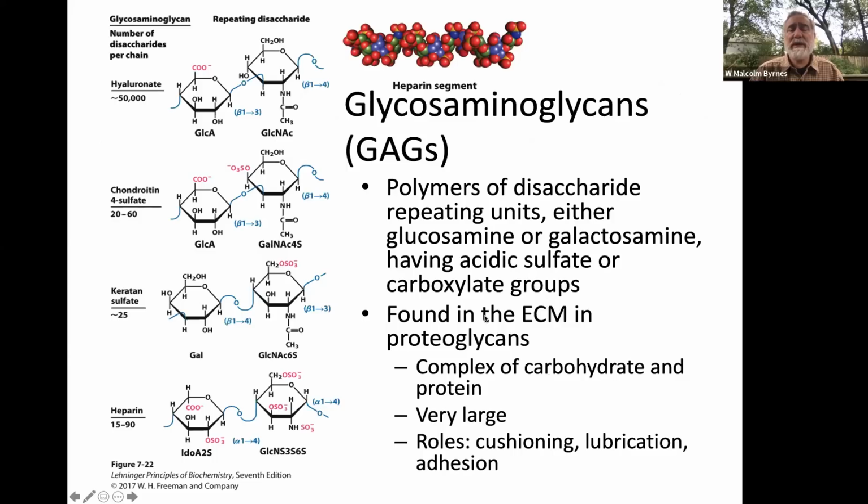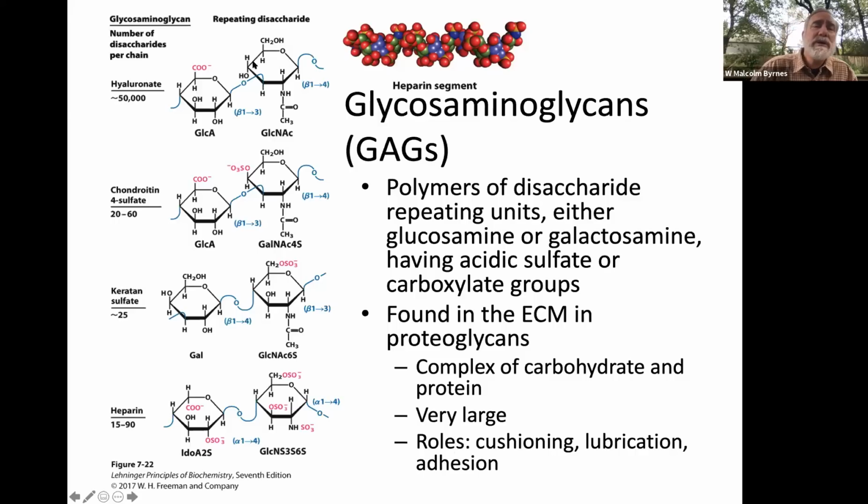Glycosaminoglycans are found in the extracellular matrix in structures called proteoglycans, which are a complex of carbohydrate and protein, are very large, and play roles in cushioning, lubrication, and adhesion.